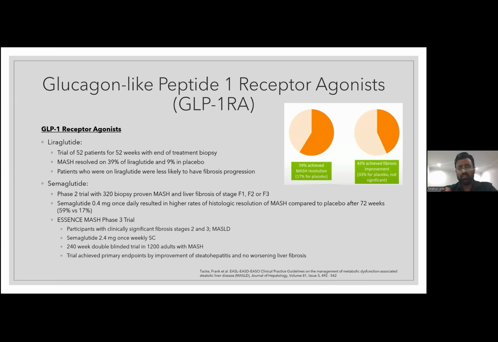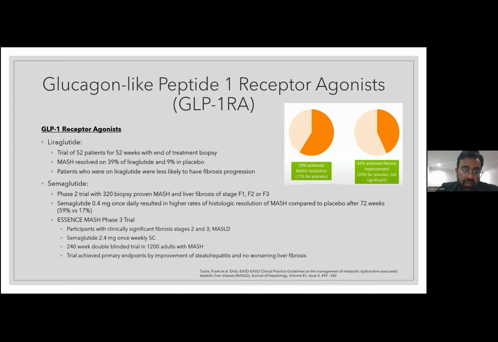The percentage that they got, as you can see in the pie chart, is 59% achieved MASH resolution, whereas for placebo it was only about 17%. The only issue was that about 43% of them achieved fibrosis improvement, whereas with the placebo, 33% achieved it. So not really so significant from that point of view.